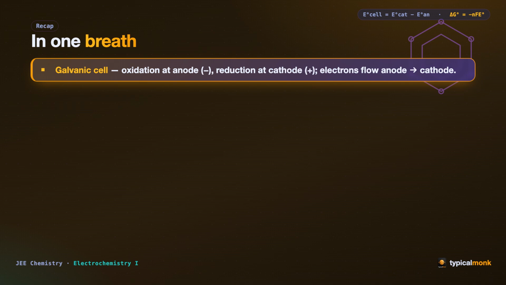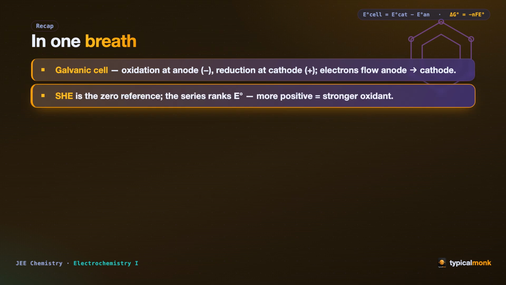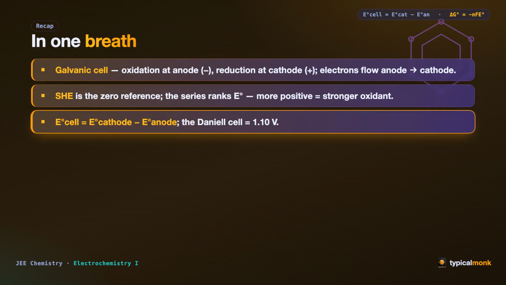The galvanic cell, oxidation at the anode, negative, reduction at the cathode, positive, electrons flow anode to cathode. The standard hydrogen electrode is the zero reference. The series ranks E standard, more positive, is a stronger oxidant. E cell standard equals E cathode standard minus E anode standard.